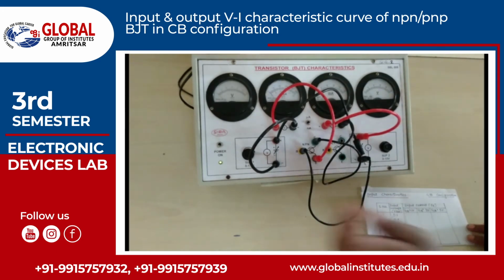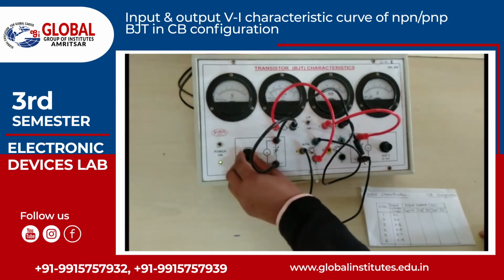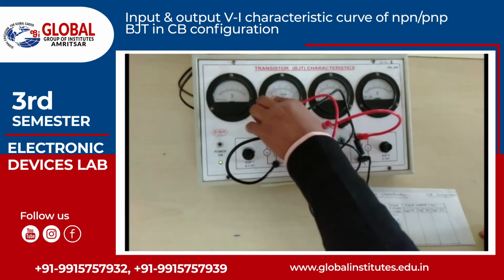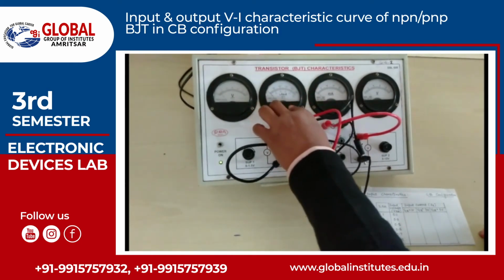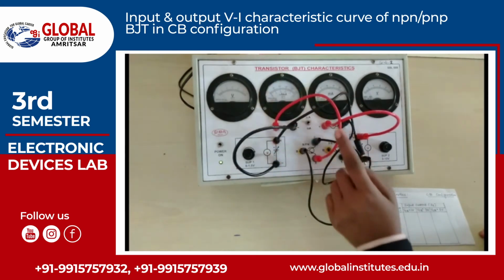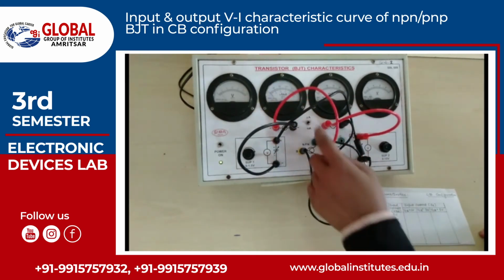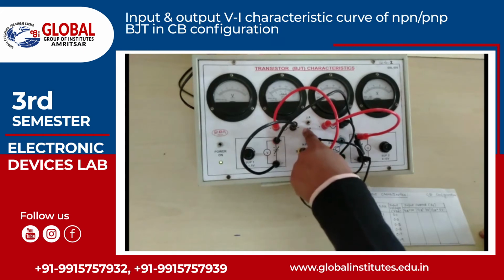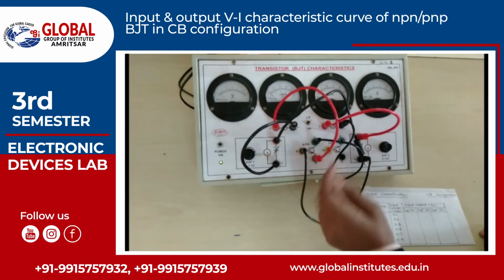Now change the input voltage and keep the input voltage at 0.1 volt. At 0.1 volt there will be no input current. Here current is the IE current, and IE current will always be in milliampere range. So we have changed this position to milliampere range.